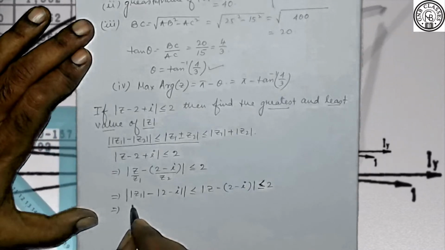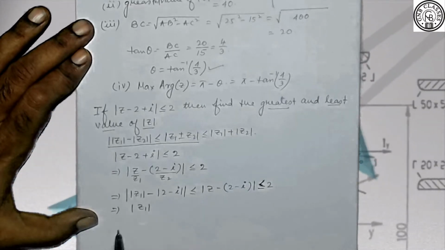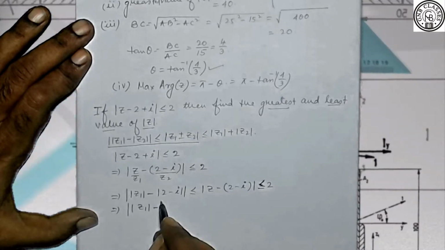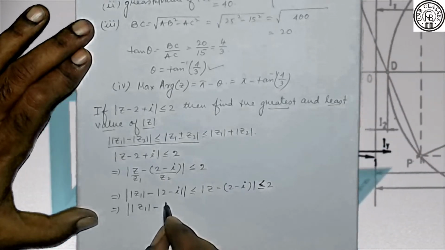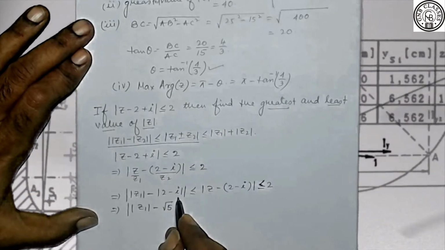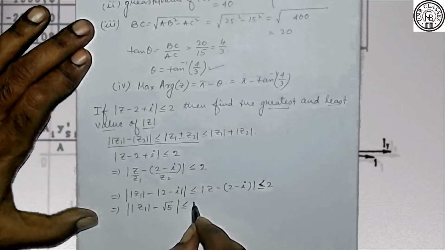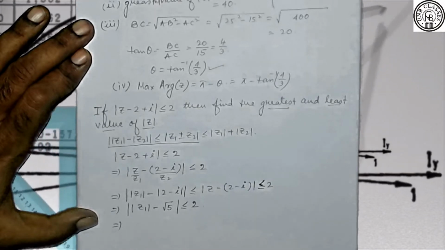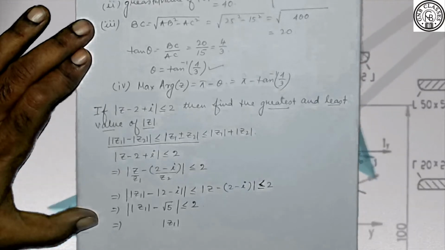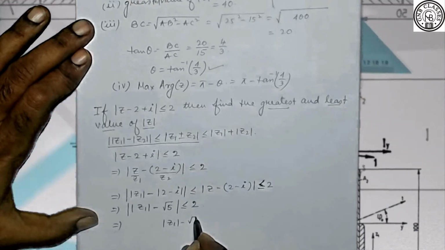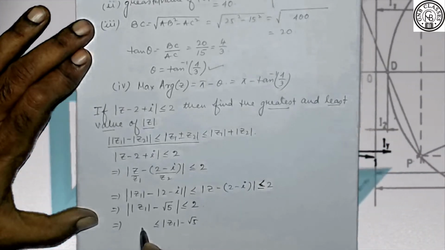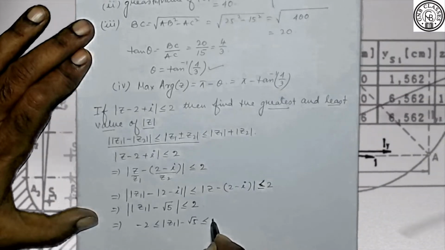So we can write mod of z1 minus modulus of 2 minus iota, which gives you root 5 because it is 2 square plus 1 square, that gives you root over 5, which is less than or equal to 2. So from here we can write mod of z1 minus root 5 is greater than or equal to minus 2 and less than or equal to 2.